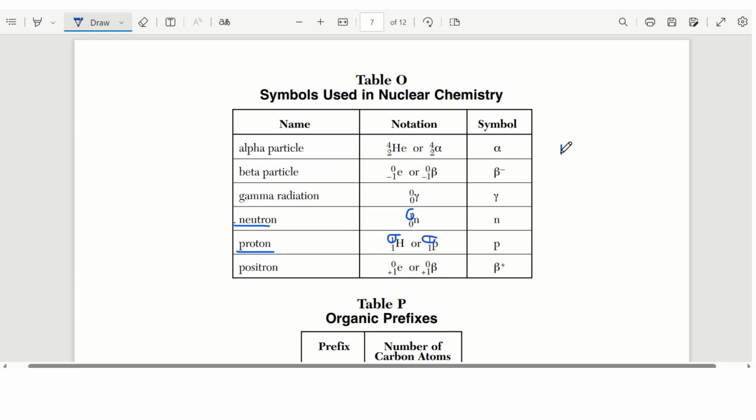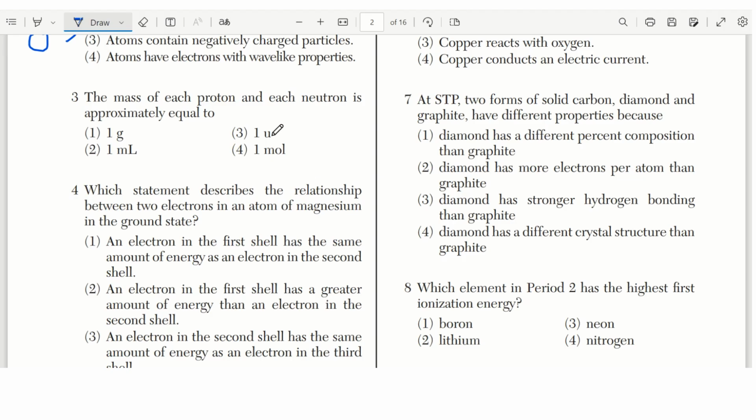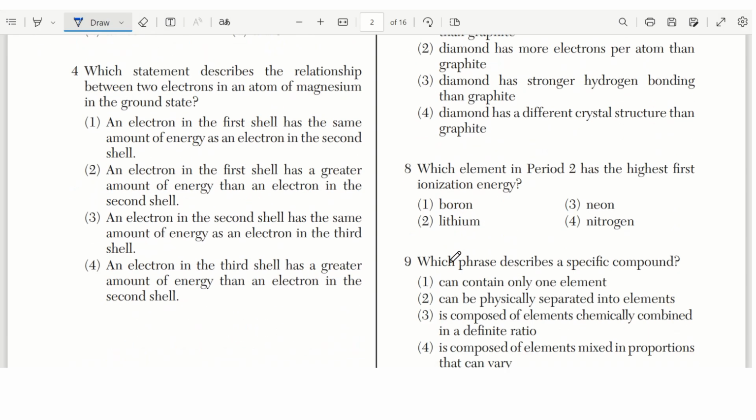What is the top number? Mass. What is the bottom number? Charge. If it is a 1 or greater, it's the number of protons. So the top number is mass. So what is their mass? 1 u.